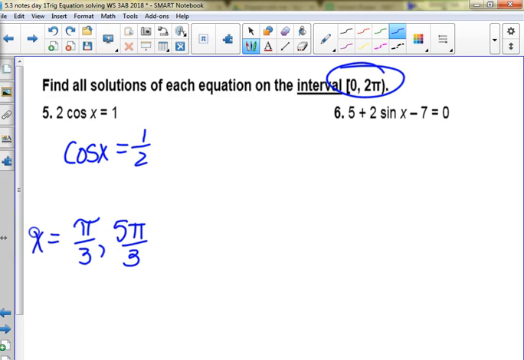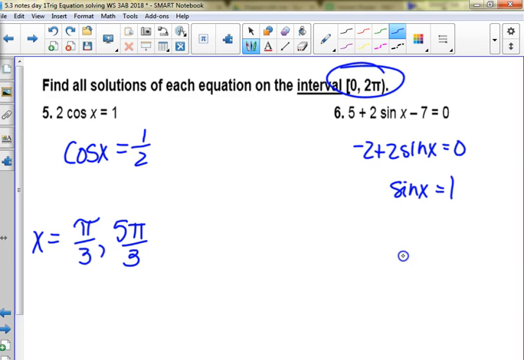Okay, we're done. Can you isolate the sine here? 5 minus 7 is -2. So add 2, divide by 2. Is it 1, guys?